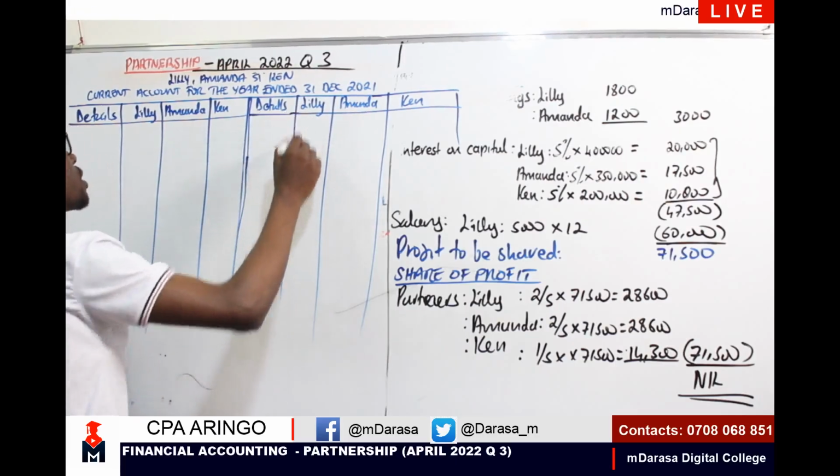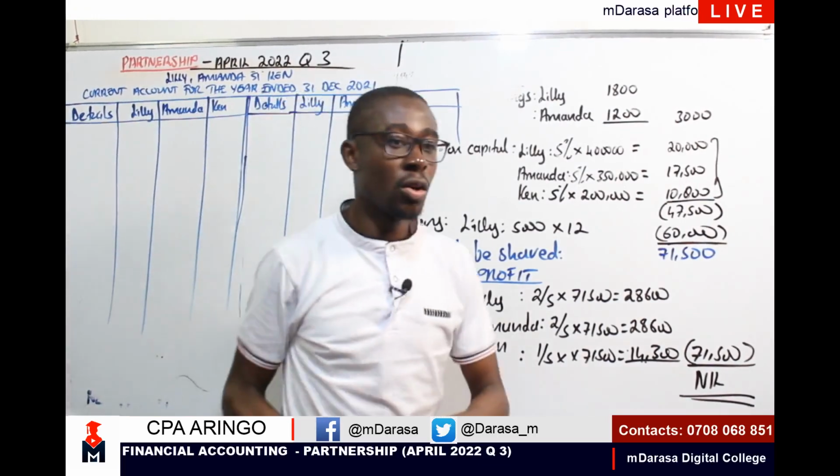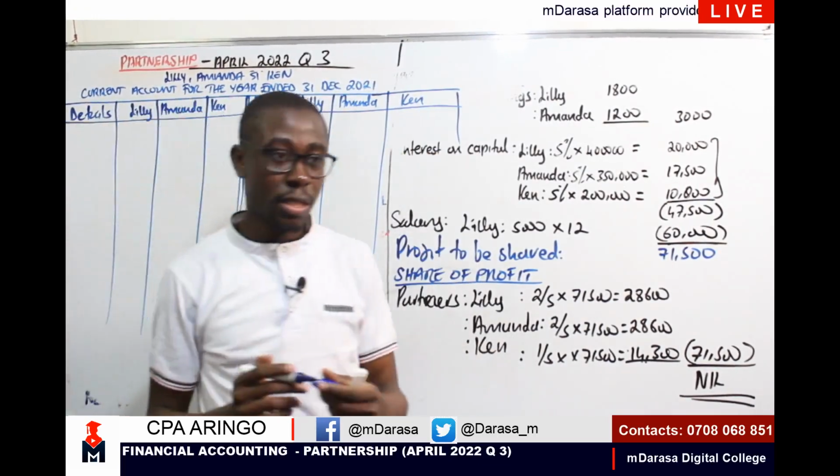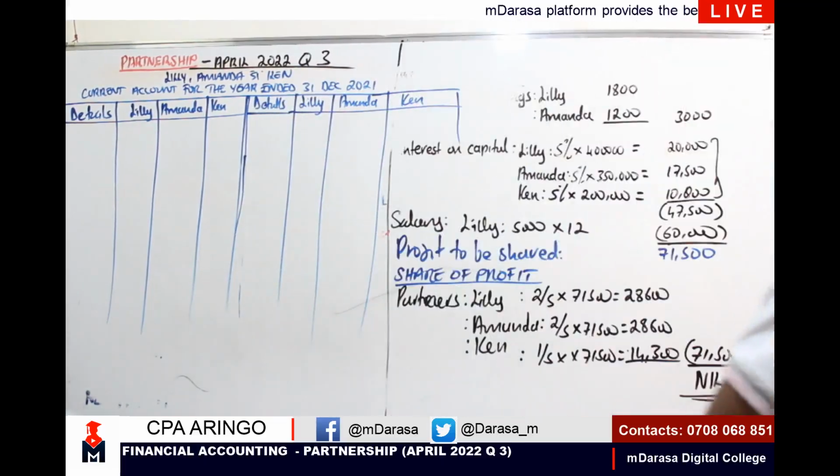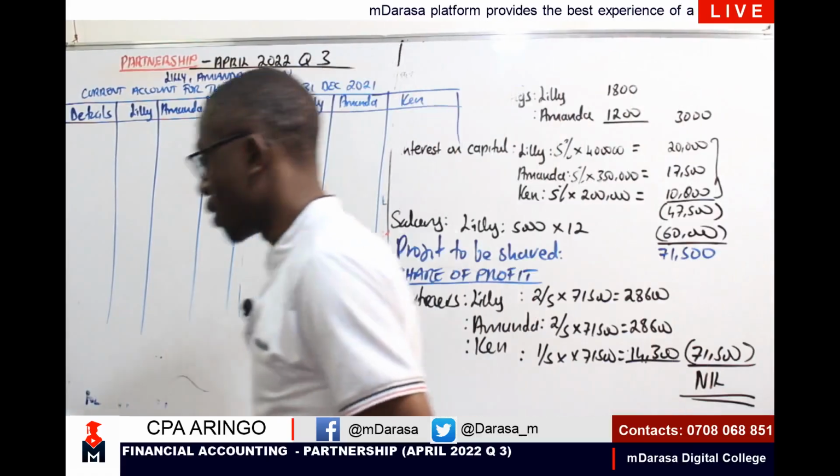Again, it will be very important that we recall the format of this current account. It will be very ideal that we should always recall the format of our current account.